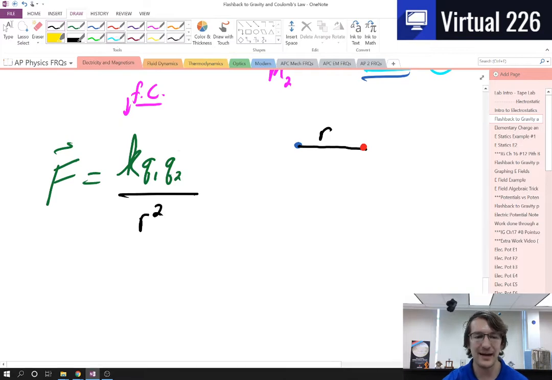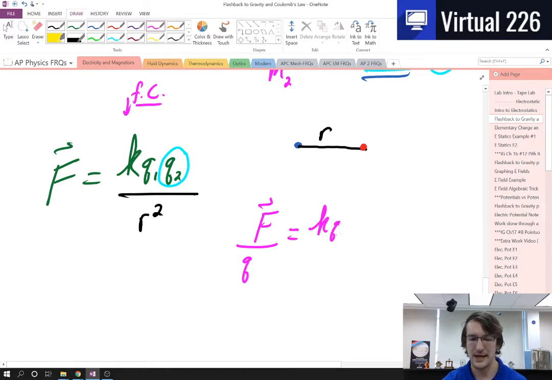And if we now take one of these charges and move it to the other side, what we would have is F over Q. And that would equal KQ1 over R squared. But a force per unit charge is also equal to an electric field.